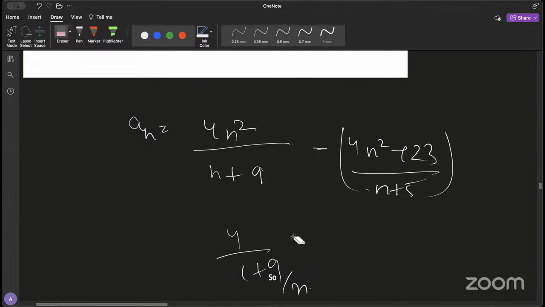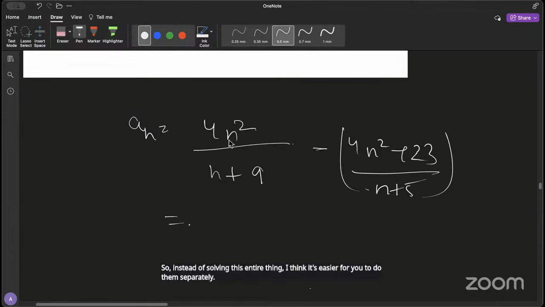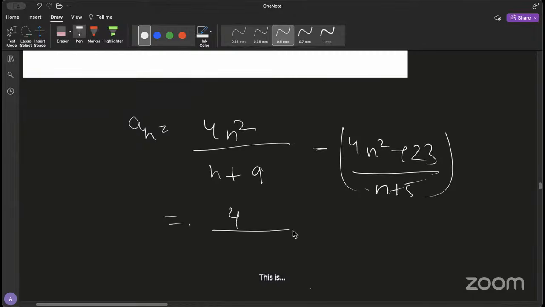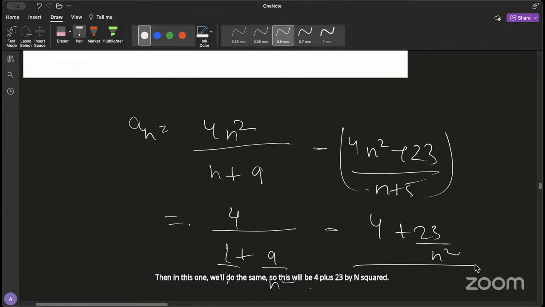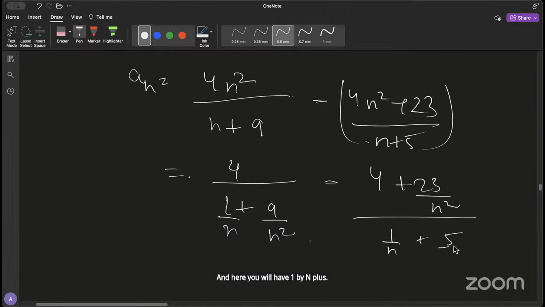So instead of solving this entire thing, I think it's easier for you to do them separately. This is 4 by 1 by n plus 9 by n square. So we've divided numerator and denominator both by n square. Then in this one, we'll do the same. So this will be 4 plus 23 by n square, and here you will have 1 by n plus 5 by n square.